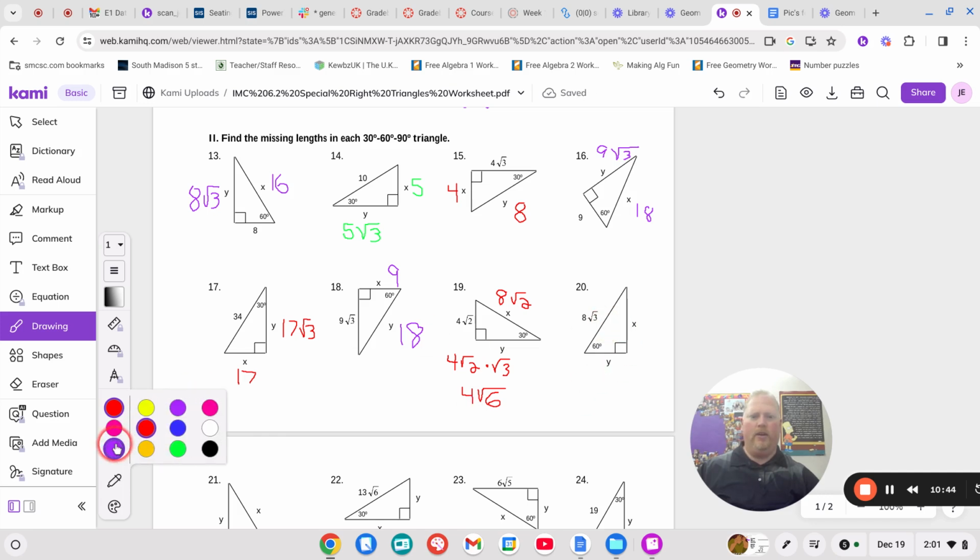Similar idea on question number 20. The hypotenuse is 8 square root of 3. So I need to divide by 2 and get 4 square root of 3. And then to get the long leg, multiply by square root of 3 again. So 4 square root of 3 times another square root of 3 would get me 4 square root of 9.